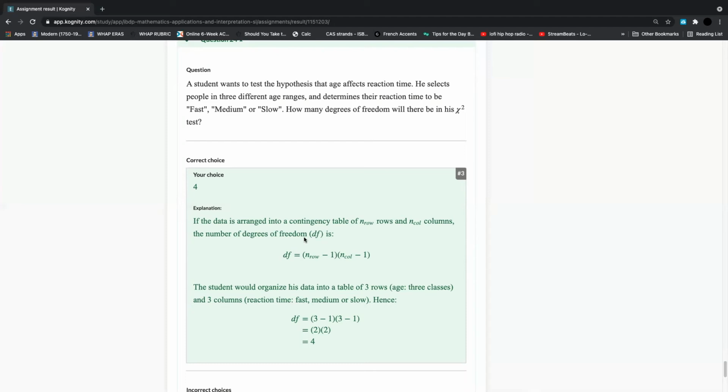I don't want to confuse you, but let's say this was a goodness of fit test and they were asking for the degrees of freedom. Since there would only be one variable in question, you would take the amount of that variable.